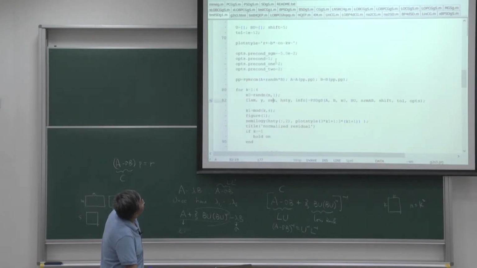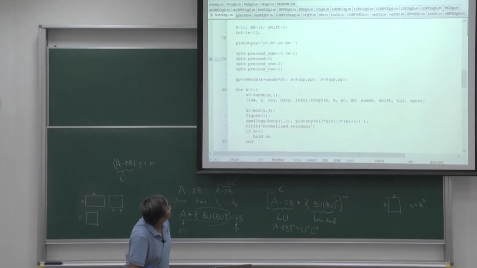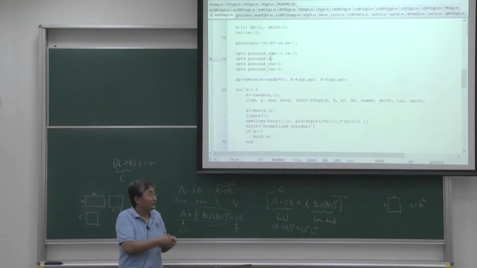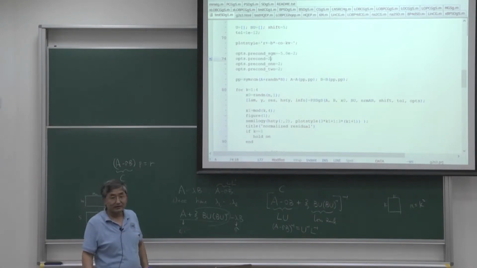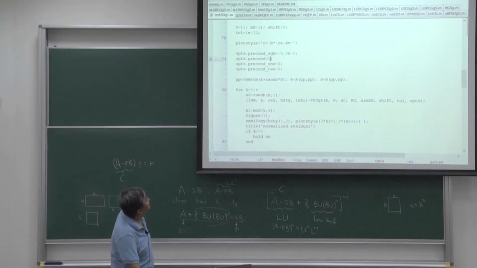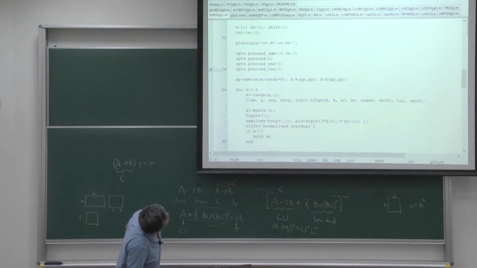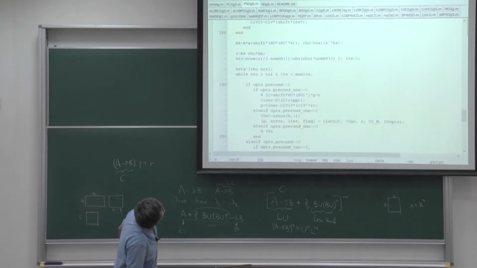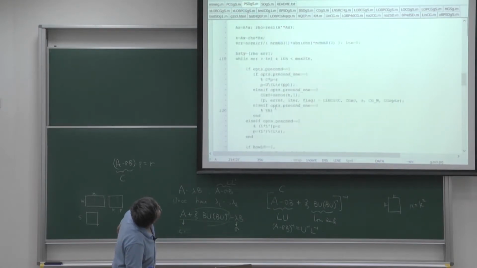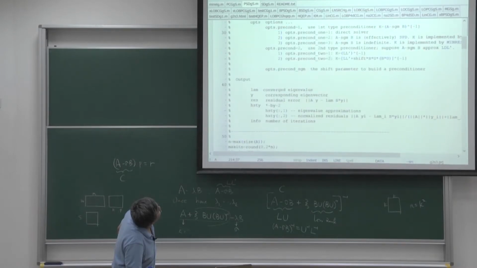You can change them. So for example, we can use preconditioner 2, which does an incomplete LU decomposition, incomplete LDL, and so on. That one uses a preconditioner which includes the shift.